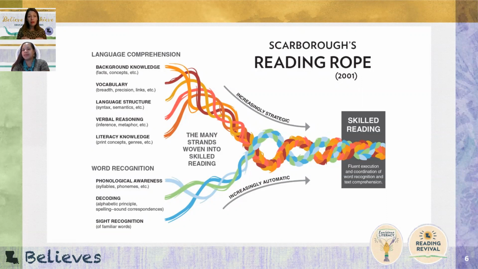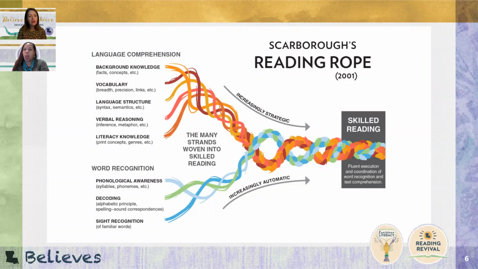Really, I want you through this series, especially, to think about how all of this work that you're doing, as reflected in this reading rope, is supporting your students' ability to be great writers. We're not rushing the process. We're not ignoring everything that we're doing in phonics and moving into writing and expecting them to write these essays that they're not prepared to write, right?